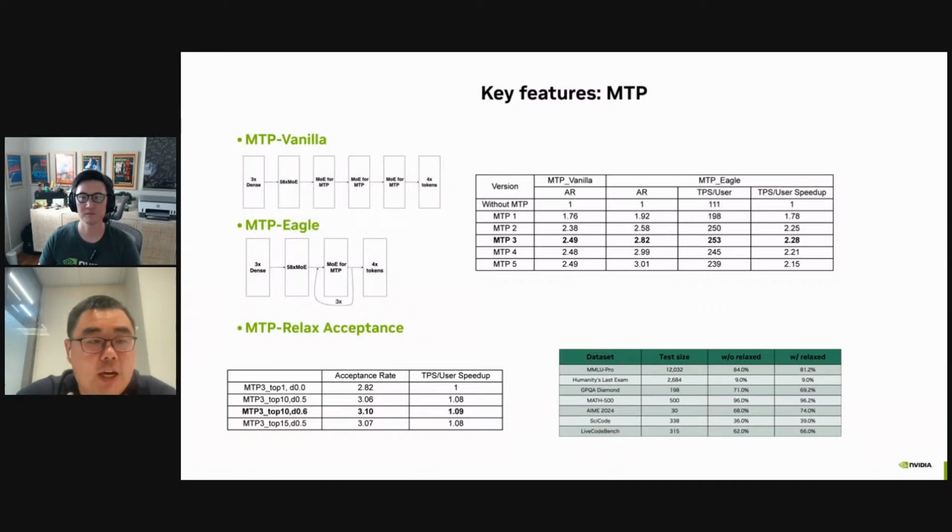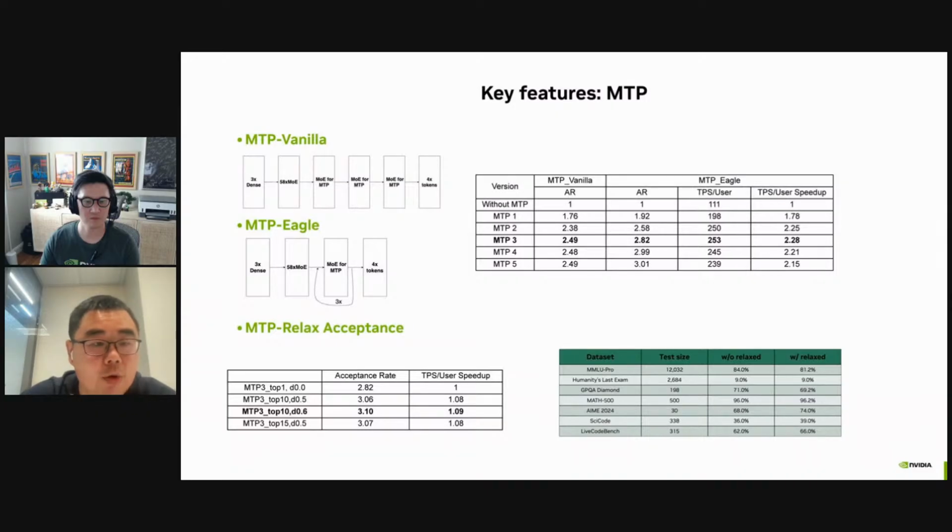The methodology is that, based on our observation, we think that we can relax the acceptance criteria. For example, we can generate more candidates during the decoding phase.